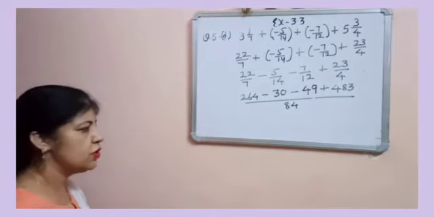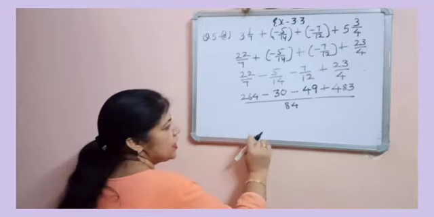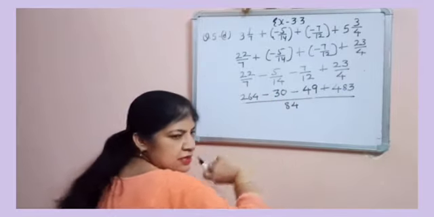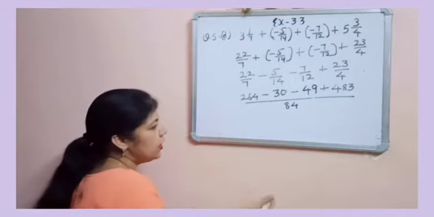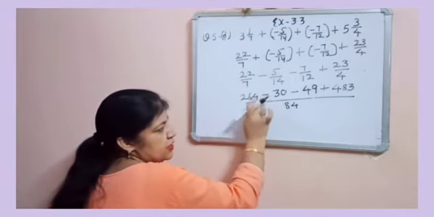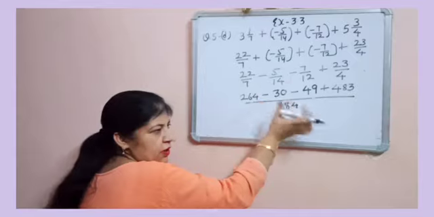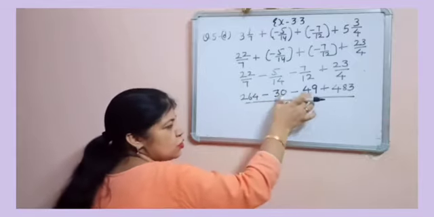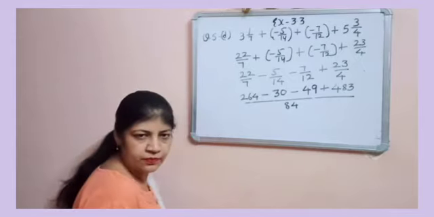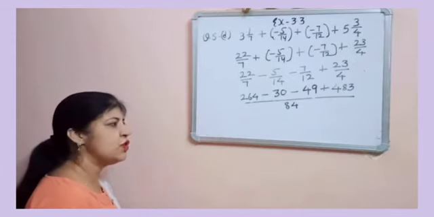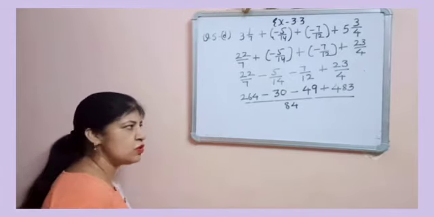Now, solve this. First, you can add plus plus or minus minus, or you can do stepwise. First solve these two, then the answer which comes, solve with 49 and then so on. Is that clear? So it is your wish how to solve.